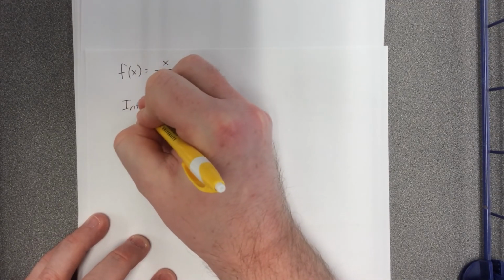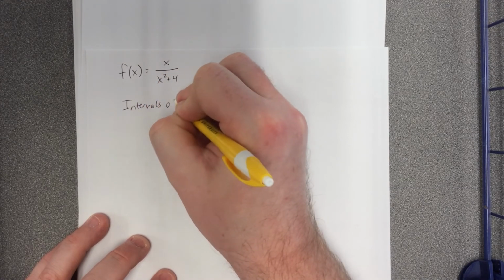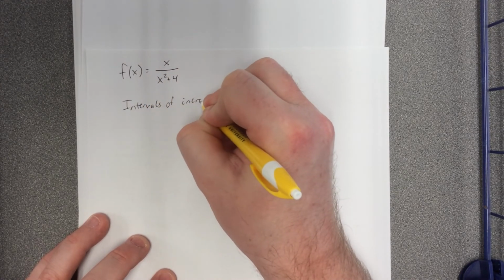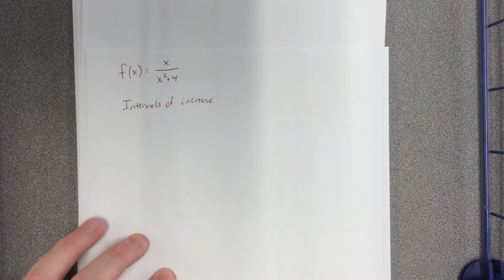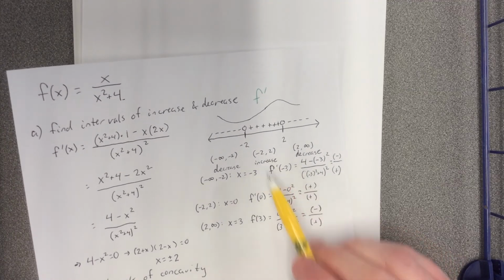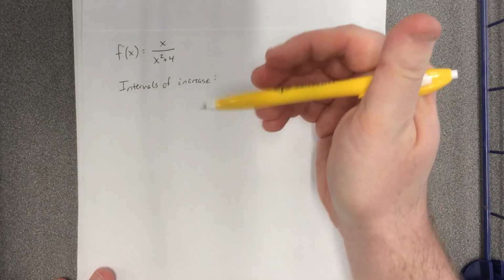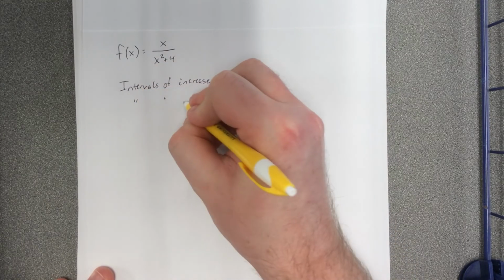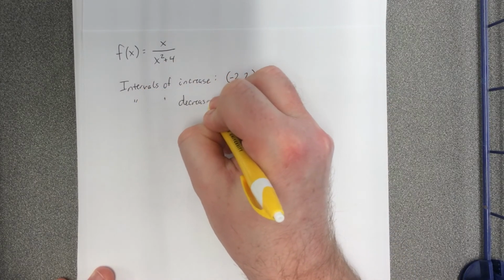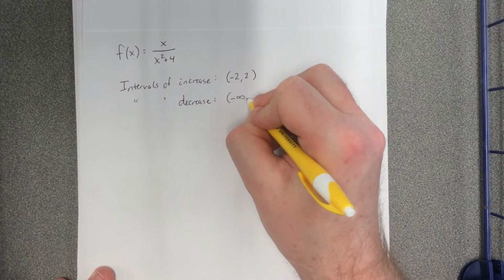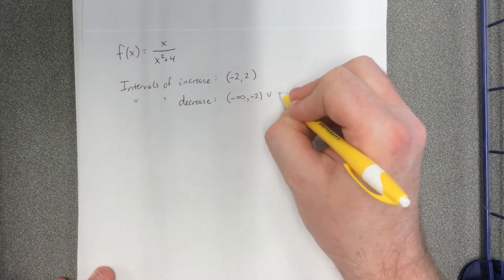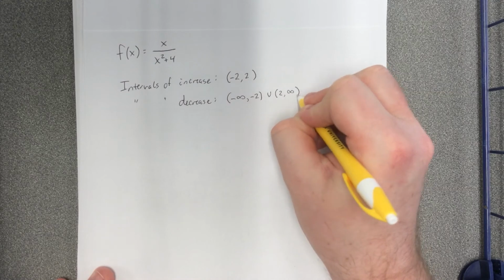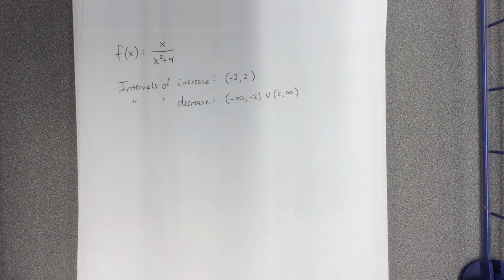So the intervals of increase, we got that this thing was increasing on negative 2 to positive 2, and it was decreasing everywhere else. So it was from negative infinity to negative 2. You can use a union, or you can use a comma to separate them, 2 to infinity.